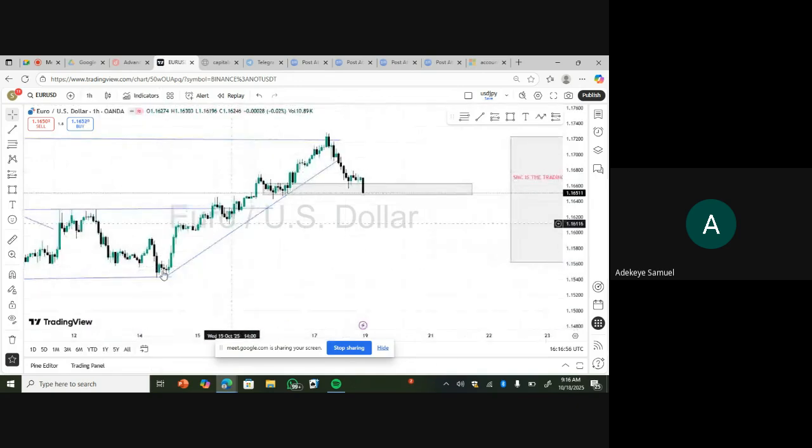On the 1 hour time frame, we have an uptrend market. And how can you identify the structure of the market? How can you identify whether the market is in an uptrend or downtrend? Sorry, I used my trend line because I was trying to analyze this market before. Let me delete this. Let me also delete this.